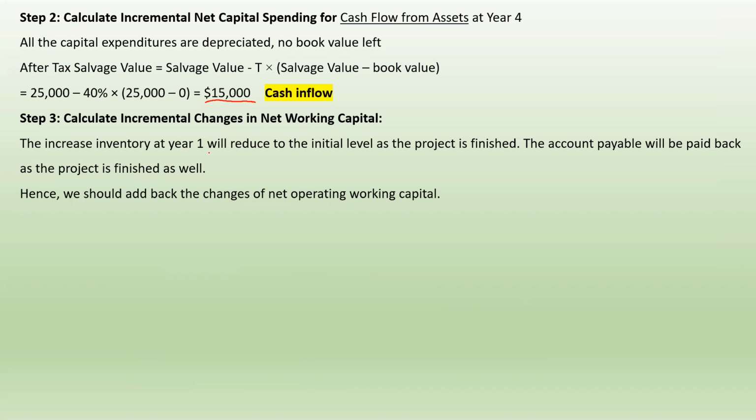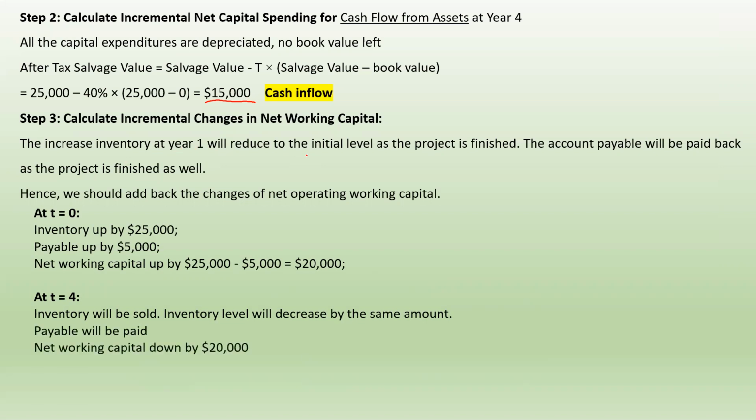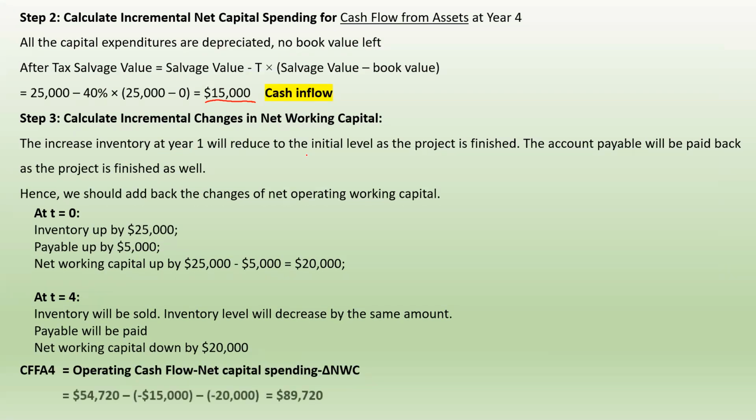And the incremental changes in net working capital: the inventory will reduce to 0, and the accounts payable will also reduce to 0. So at t equal to 4, inventory will be sold. Inventory level will decrease by the same amount. Payable will be paid. So the net working capital goes down from 20,000 to 0. So the change in net working capital is 20,000, but it's negative.